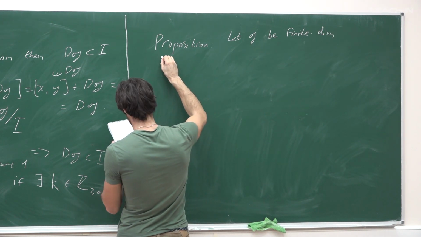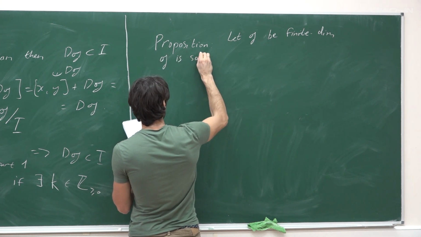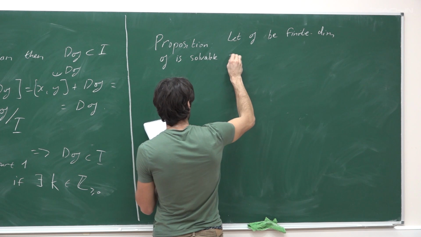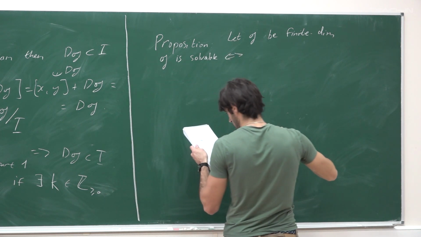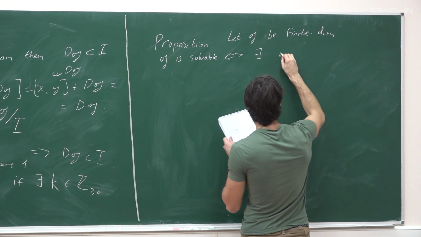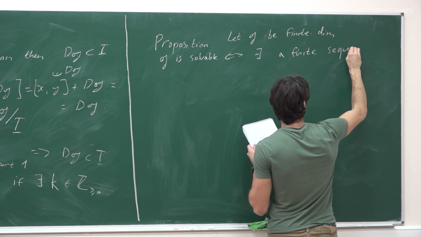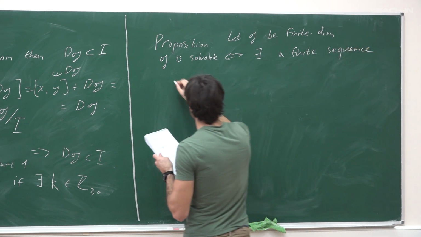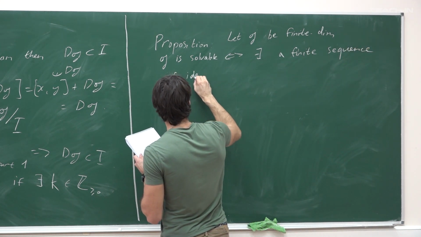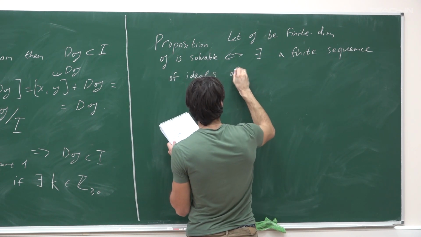Then G is solvable is equivalent to the following. There exists a finite sequence of ideals of G.